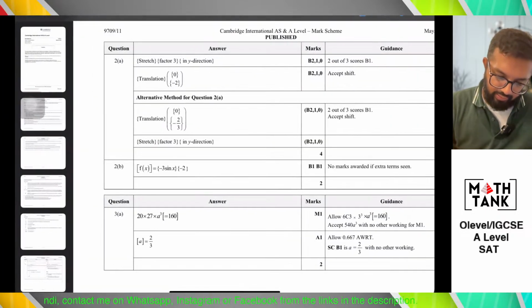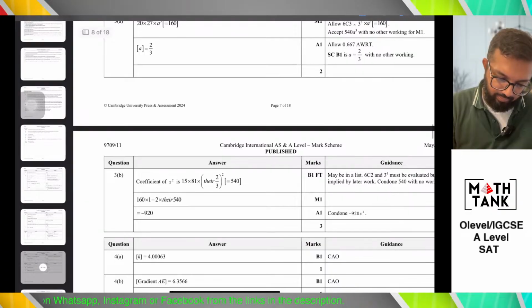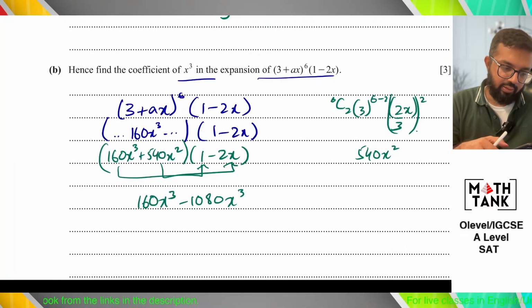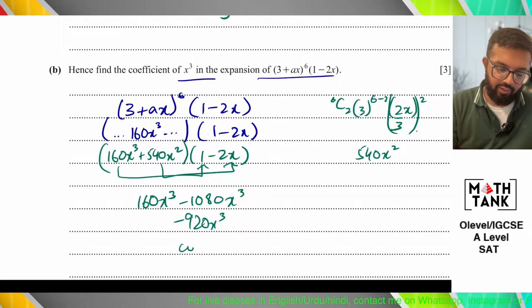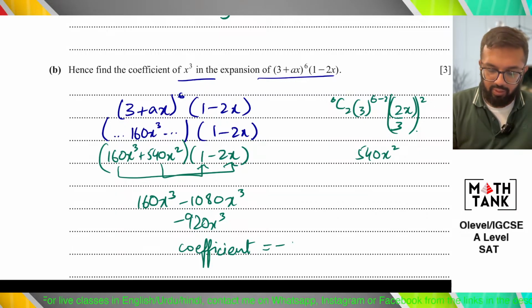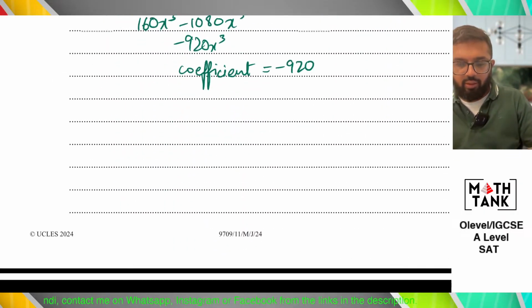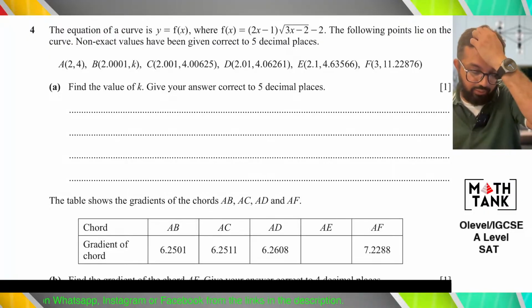I hope I'm correct this time. Looks like I'm correct. Minus 920x cubed, so the coefficient is minus 9. Okay, 2 questions out of the way. 3 questions out of the way.